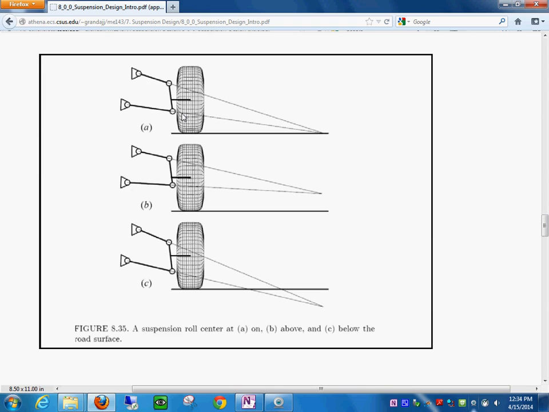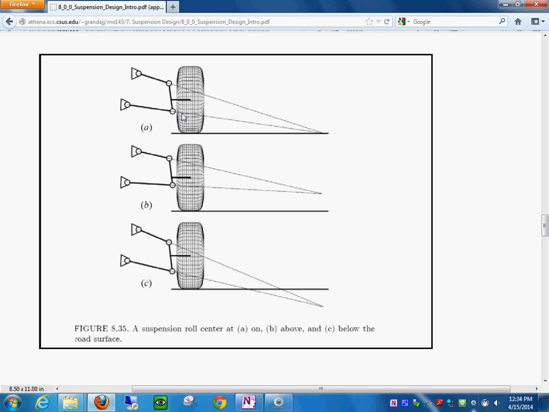They will produce a suspension roll center, whether it is on the surface that the car rides, above the surface, or below the surface. So it all depends.